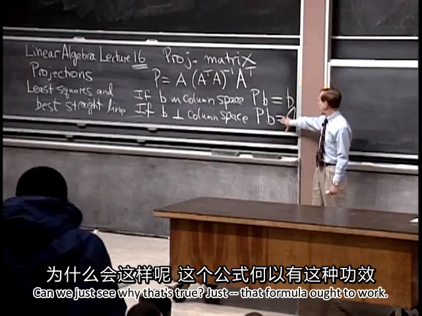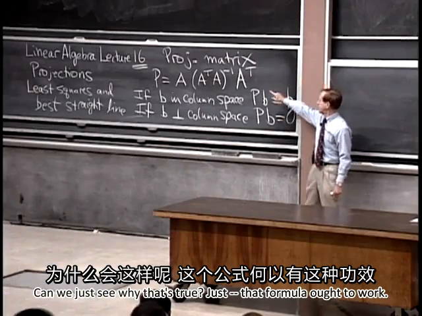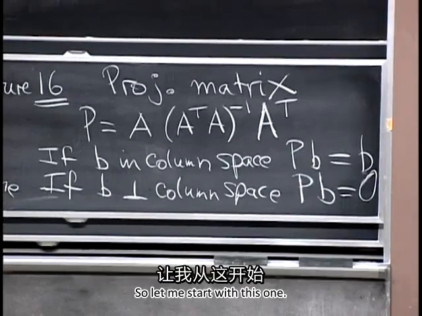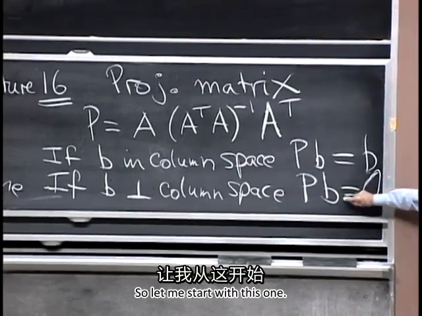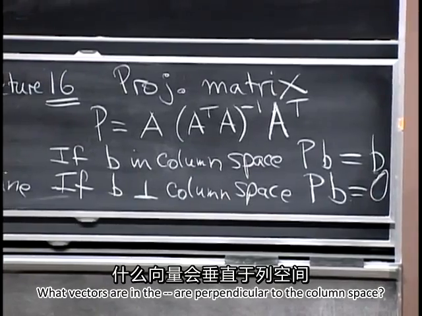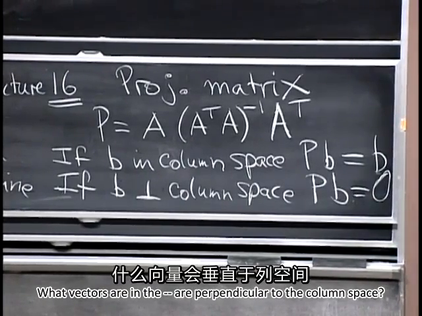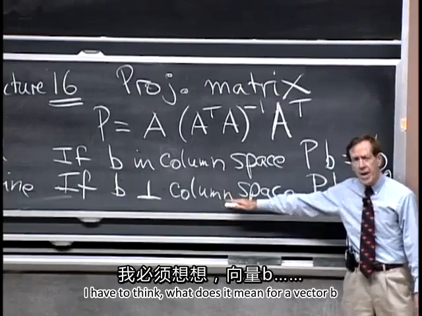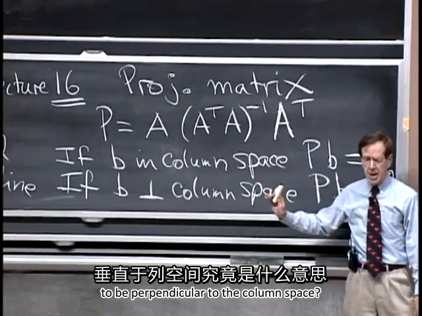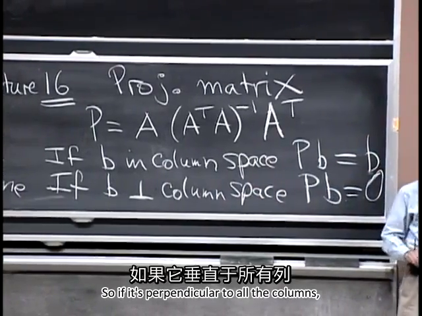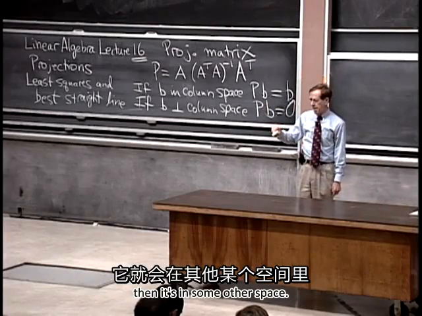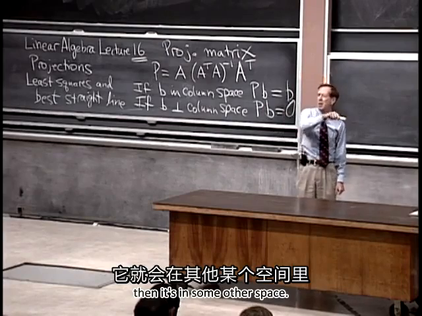Okay, can we just see why that's true? That formula ought to work. Let me start with this one. What vectors are perpendicular to the column space? How do I see that I really get 0? I have to think, what does it mean for a vector b to be perpendicular to the column space? If it's perpendicular to all the columns, then it's in some other space.